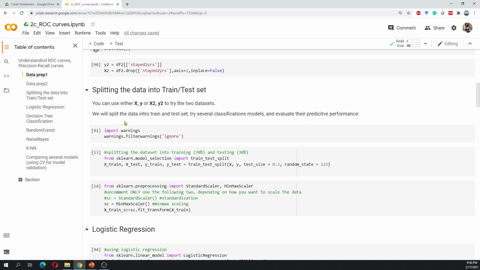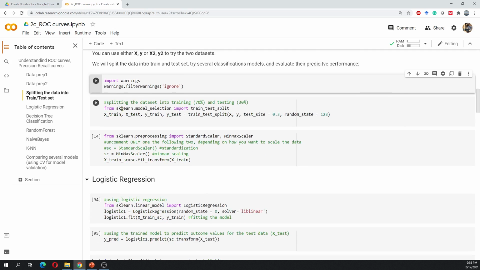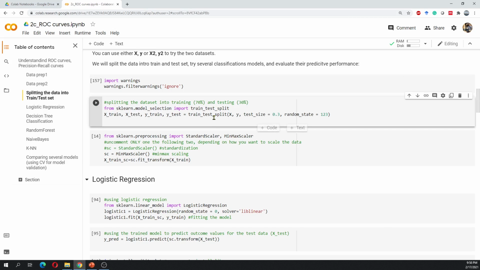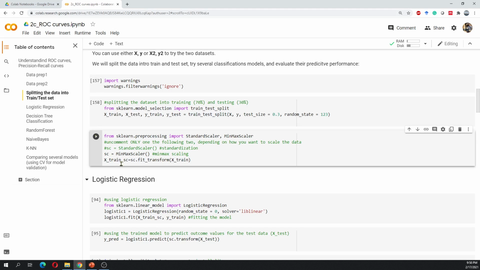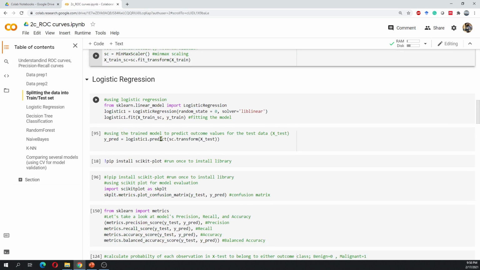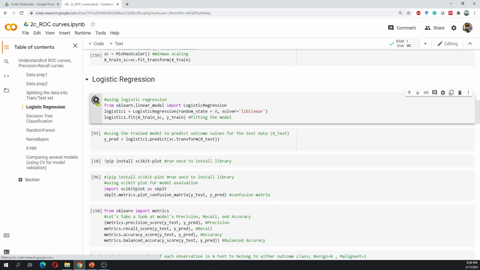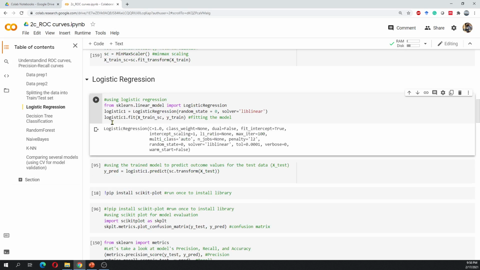And now we split it. This is just to avoid showing us too many warnings. Same story, we do a 30-70 split, and we use the min-max scaler for the logistic regression. We initiate the logistic regression, we fit it on the transformed data set, and we do the predictions.